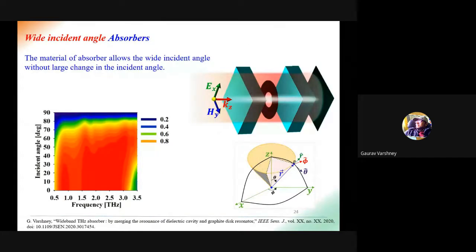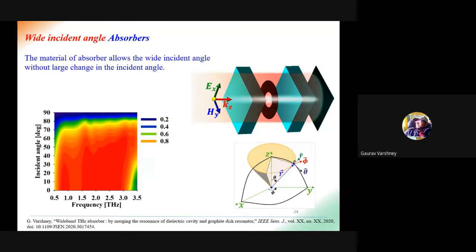Wide angle incidence. From the start, I had discussed the concept that a perfect black body perfectly absorbs the incident electromagnetic wave irrespective of frequency, angle of incidence, and polarization of the incident wave.